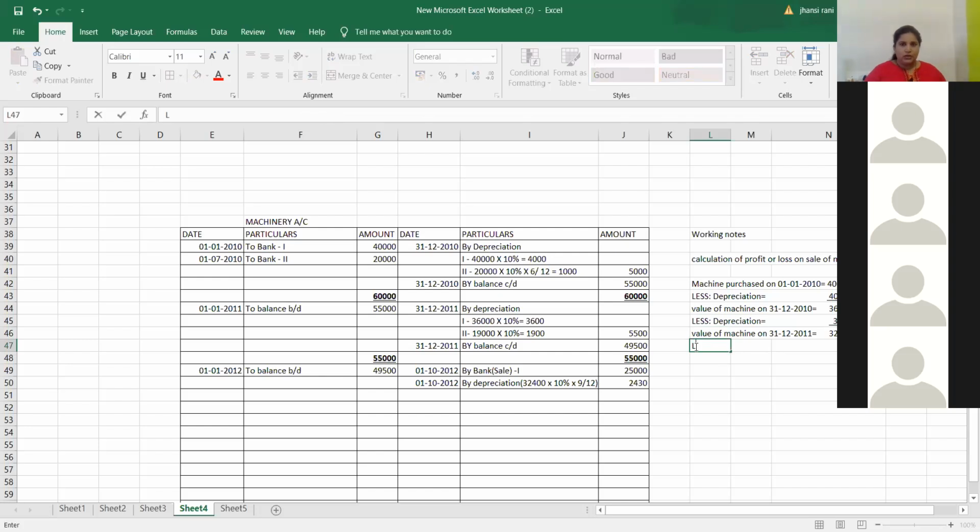So again on this we have calculated the depreciation because we are selling the machine on 1st October 2012. Here we are selling on 1st October, and depreciation is still only till then. It means we used till 30th September only. The assumption is selling on the 1st means used till 30th September.